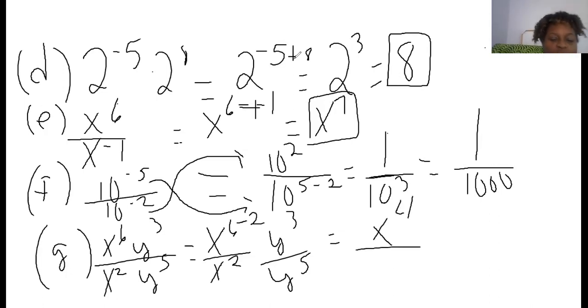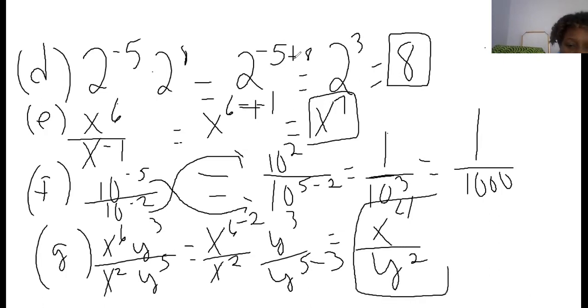Then I observe Y to the third over Y to the 5th. The larger exponent is in the denominator. Subtraction will occur in the denominator. 5 minus 3 will become 2, and that will give me Y squared. Final answer here is X to the 4th over Y squared.